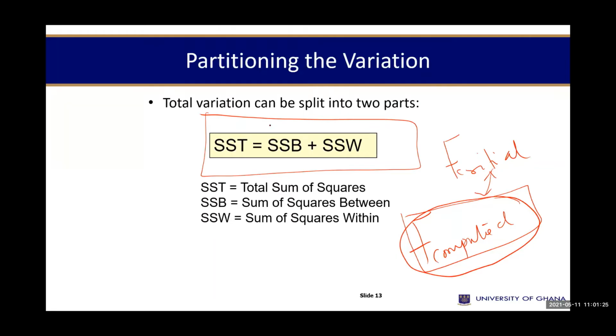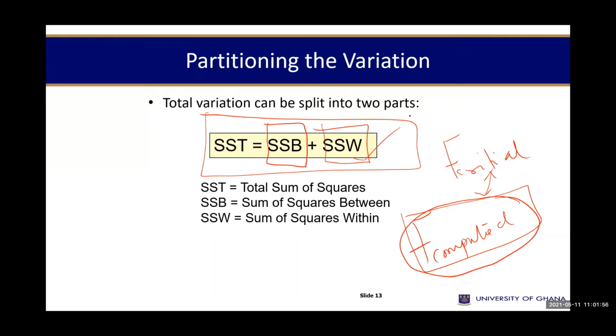So the important thing is to be able to estimate the sum of squares between the groups or the samples that I have collected, and also to estimate the sum of squares within the samples that I've collected. As I indicated earlier, we may go through this manually or use statistical software.